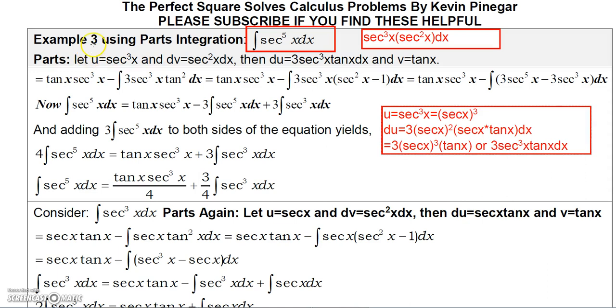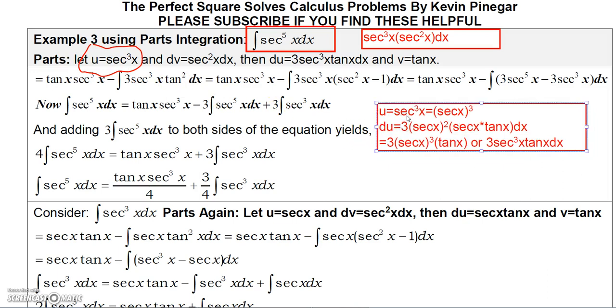Okay, so to get du, I have to take the derivative of u, secant cubed x. Now, in case you forgot, that's the same as saying secant of x quantity cubed. So if I take the derivative of secant of x quantity cubed, I actually get 3 times the secant of x quantity squared. Then I have to multiply by the derivative of secant x, which is secant x times tangent x.